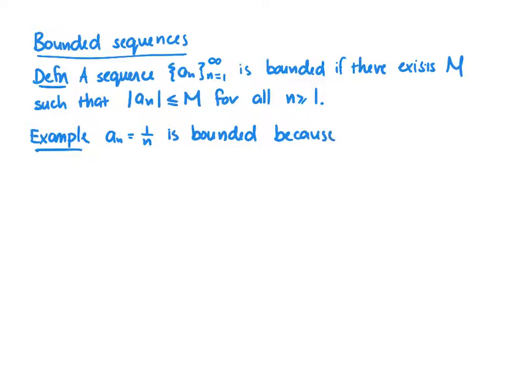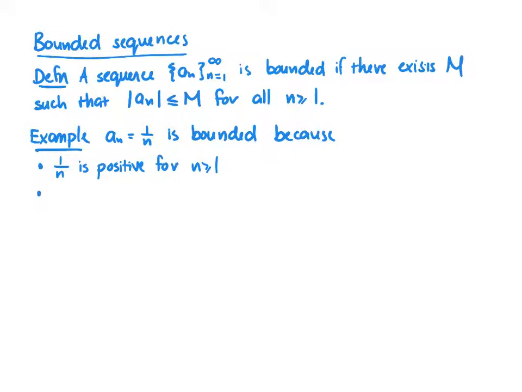There's two things I want to say. One is that 1 over n is positive for n at least 1. So we know there's a lower bound, meaning 0. None of the terms go below 0.